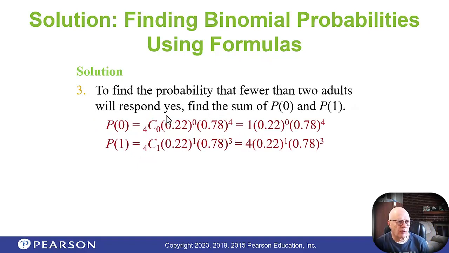Next, you want the probability of fewer than 2 adults. I really don't think you want to do it this way, do you? I don't either. And we won't be doing that. This is your X. This is your n minus x, and so on.